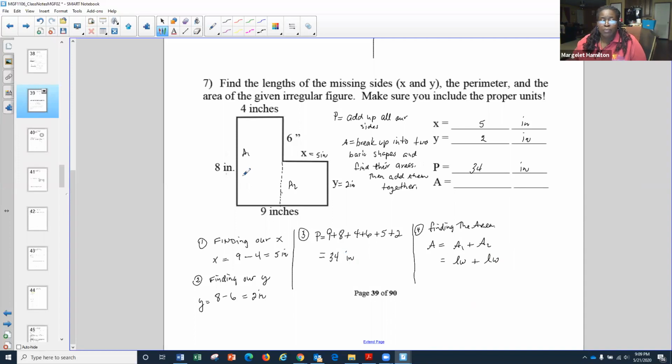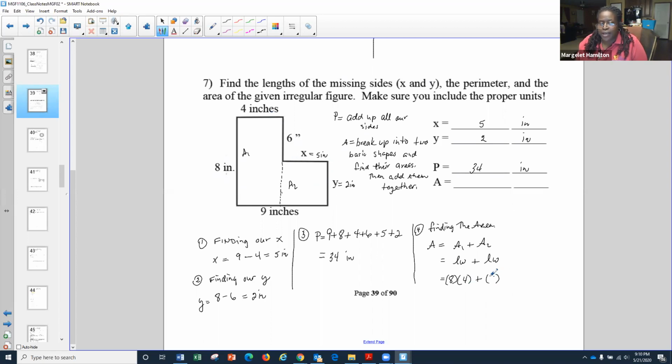Now, making sure you're looking at the right dimensions. So for our area for our first rectangle, the length and width, that would be 8 times 4. So we have 8 times 4 plus our second area, we have 5, we found that, and we found the 2.